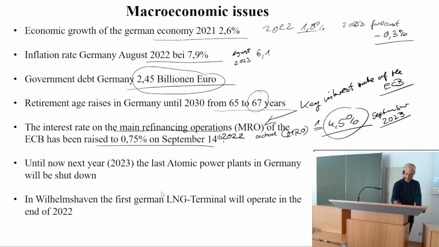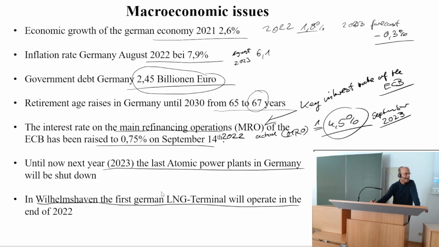Or in Germany, we have shut down our last power plant, also related to the Ukraine war. We have here in Wilhelmshaven, maybe you have already seen this, the first LNG terminal at the end of 22. Of course, this had also a macroeconomic impact.